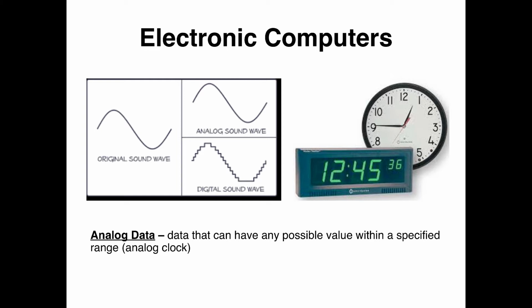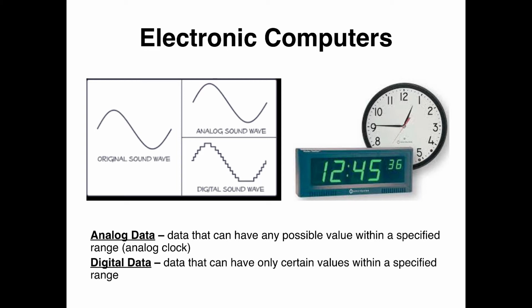That's an analog clock. And the analog sound wave is shown and labeled. So at any point on the clock or on the sound wave, you can have any value that you want. There's an infinite number of values on an analog sound wave or on an analog clock.